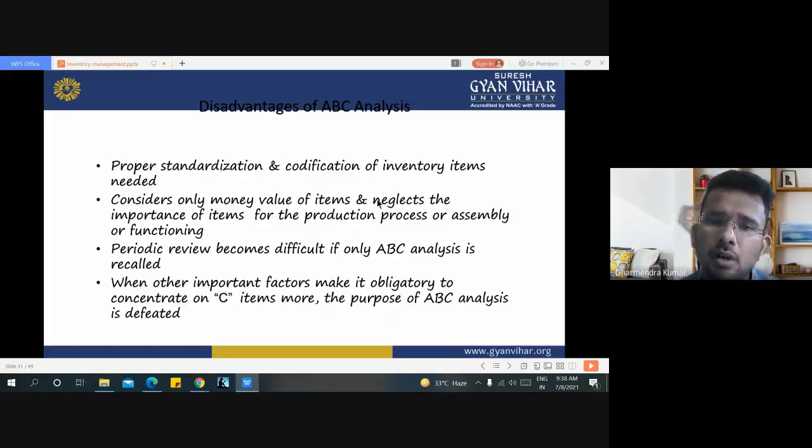Periodic review becomes difficult if only ABC analysis is recorded. If using in any manufacturing plant, then the periodic review becomes somehow difficult. When other important factors make it obligatory to concentrate on C items more, the purpose of ABC analysis is defeated.